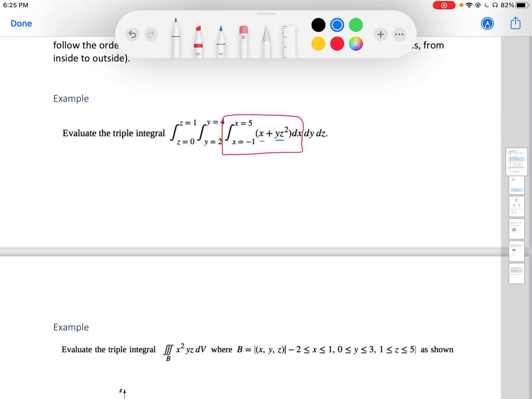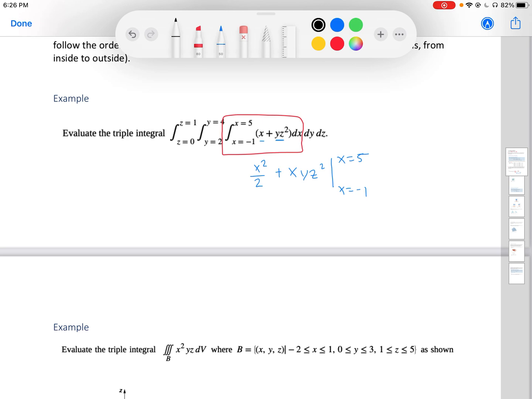That is a constant. So if we integrate x, we get x squared times a half, plus, those are just like numbers, so we have xyz squared. And we integrate for x at 5 and at -1. So this one isn't so bad to do.